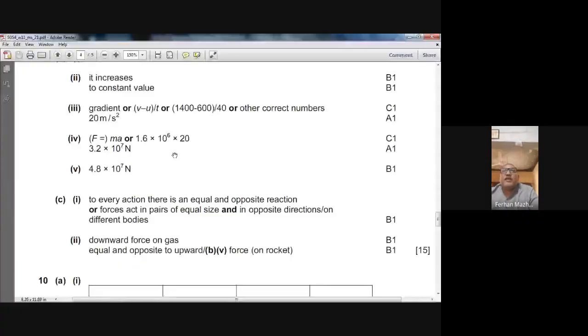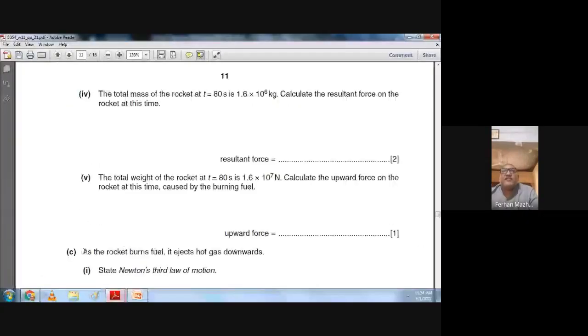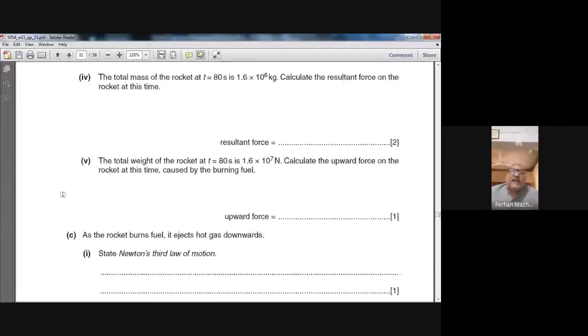Okay, so now the next part, the fifth part of this question. The total weight of the rocket at t equals 80 seconds is 1.6 × 10^7 newtons. Calculate the upward force on the rocket at this time caused by the burning fuel. The total upward force has to overcome the weight and also provide the force required for acceleration.